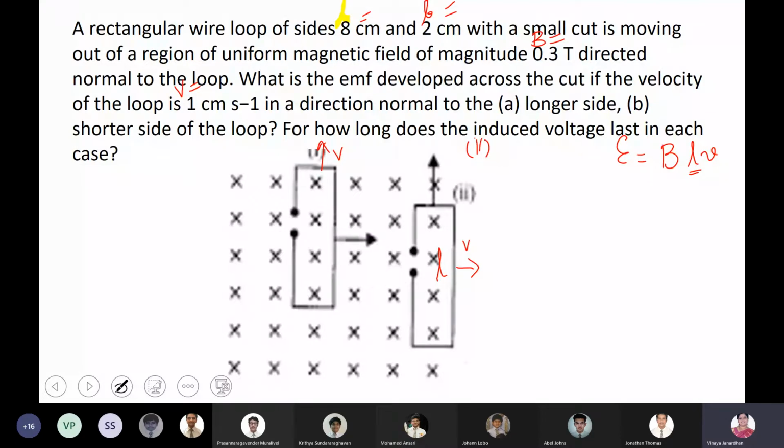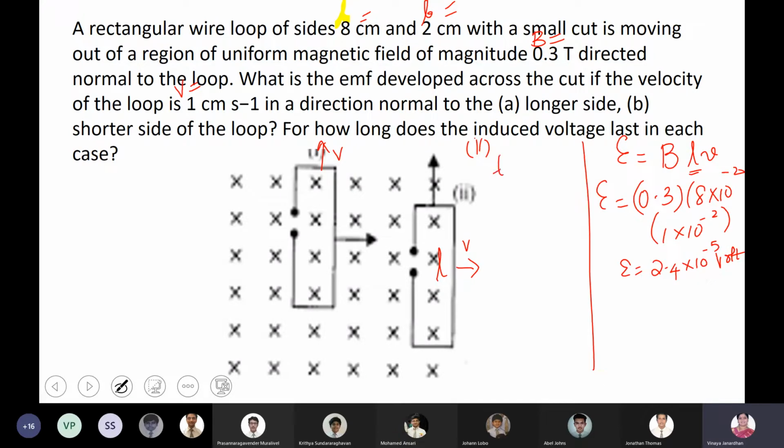So you have to check the dimension of the loop to which your V vector is perpendicular, okay? So E becomes equal to: field strength is 0.3, length is 8 into 10 to the power of minus 2, velocity is 1 into 10 to the power of minus 2. So E becomes 2.4 into 10 to the power of minus 5 volt. EMF is measured in volt.